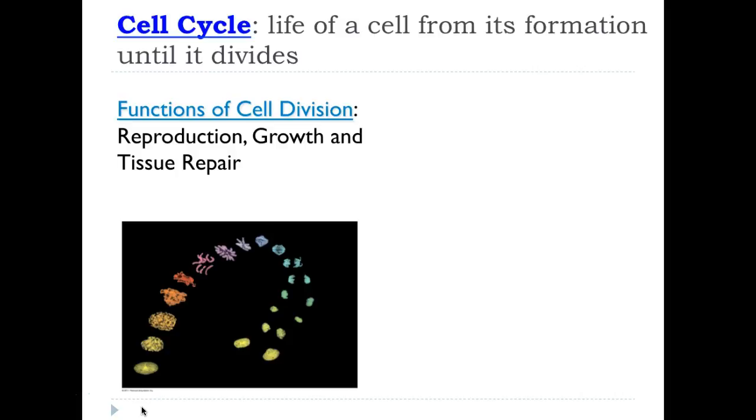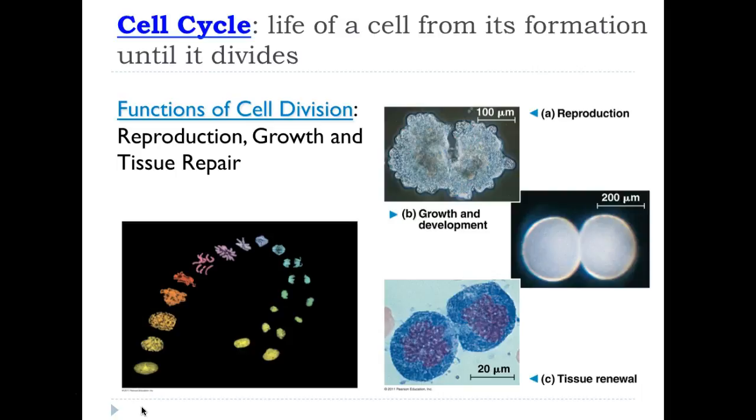Multicellular organisms grow through cell division and tissue repair. If we get a cut, the cells will divide to help repair that tissue. Here you can see different examples: reproduction in A, growth and development in B, and tissue renewal in figure C.